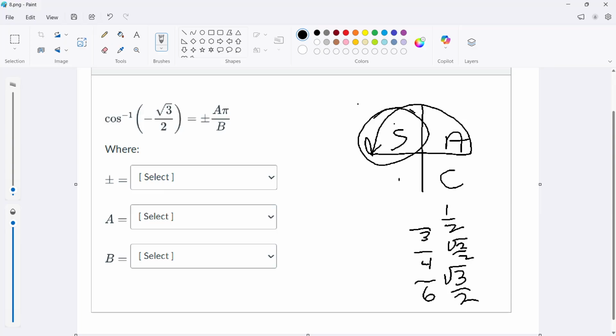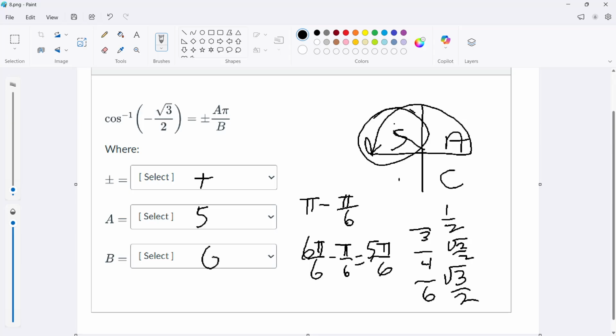So I'm 180 minus pi over 6. So pi minus pi over 6. This is 6 pi over 6 minus pi over 6 equals 5 pi over 6. So this is positive 5 pi over 6.